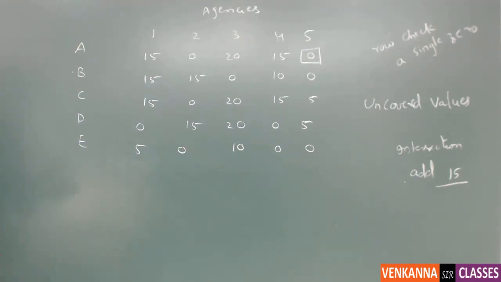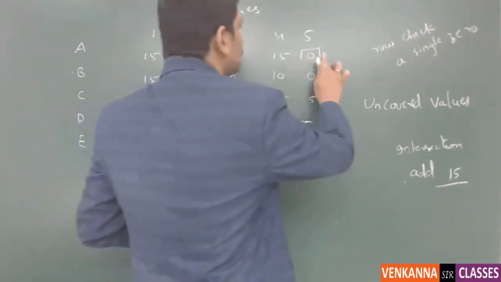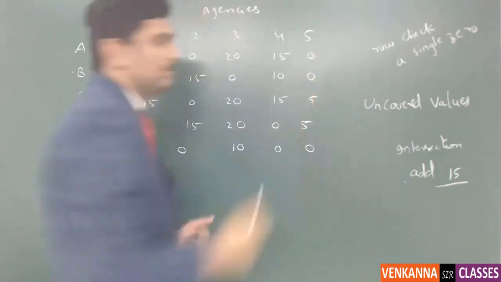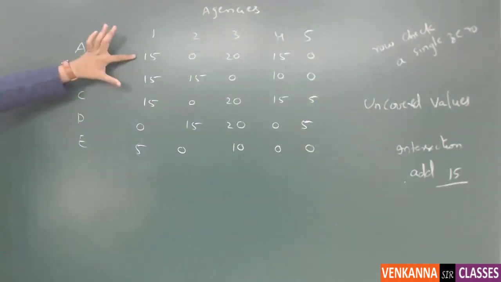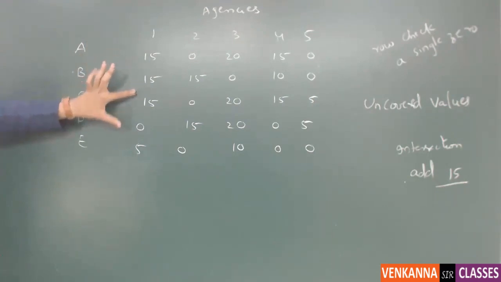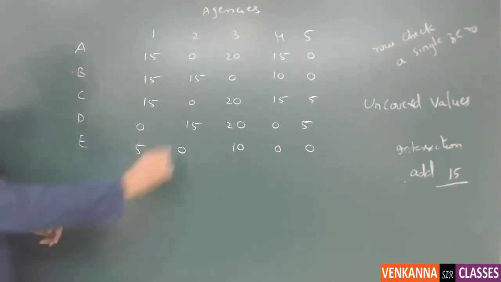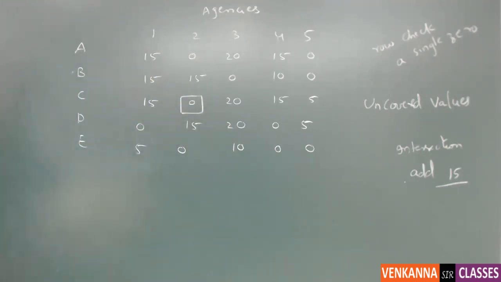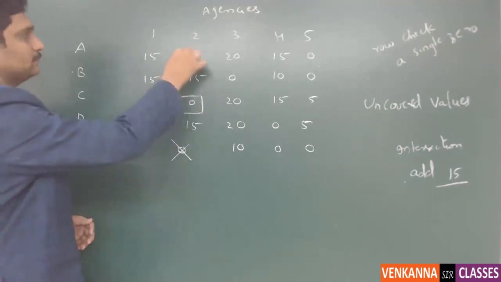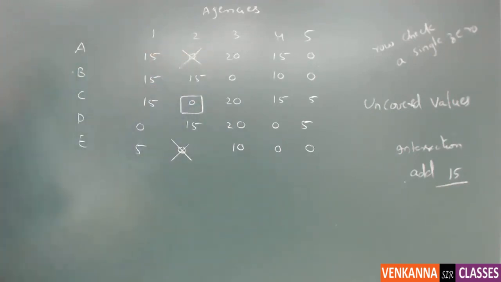So usually what happens, we always go for a check for the single zero. So if you go for a row check for all the single zeros, here you have a double zero, here double zero, here you have single zero. So first of all, we should go with this one. So the corresponding column zeros get cancelled. Are you getting the thing?